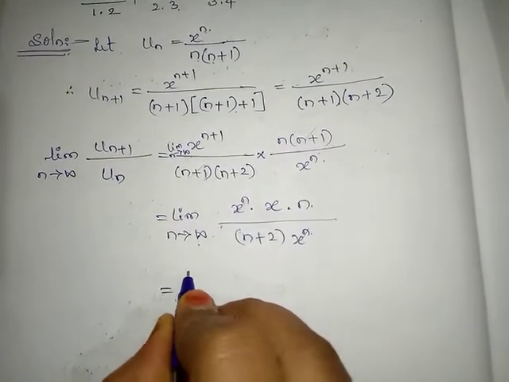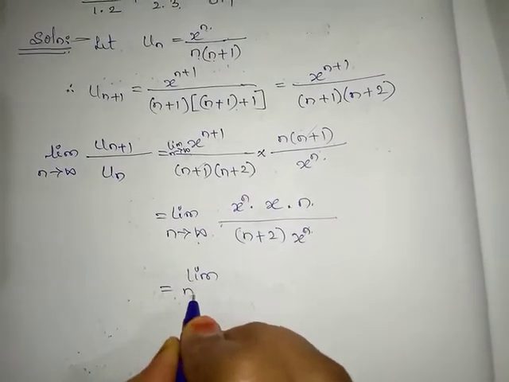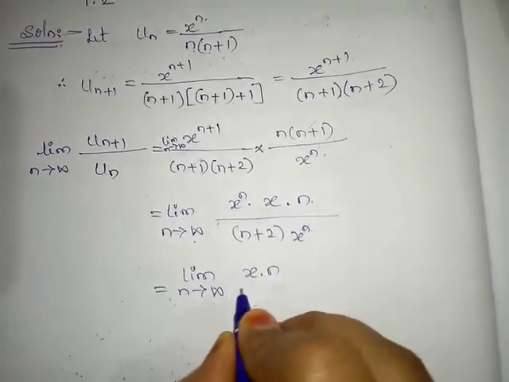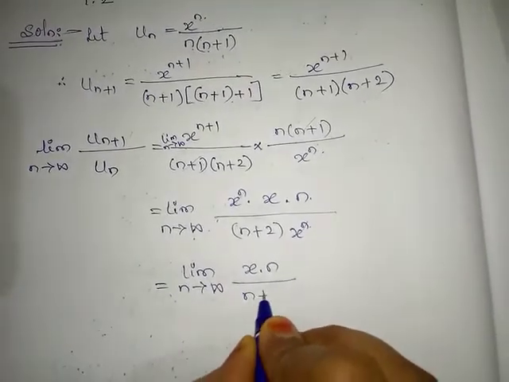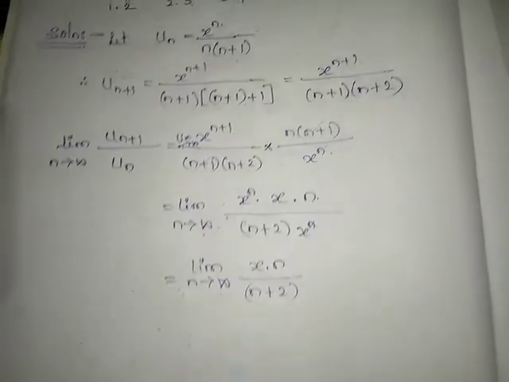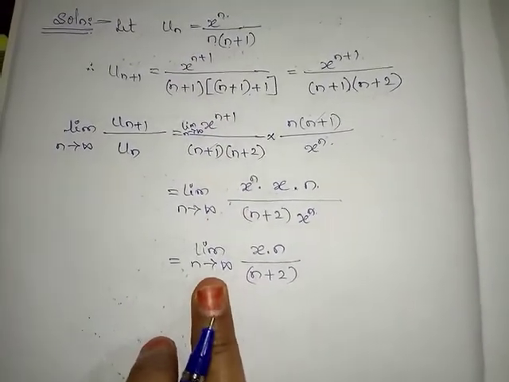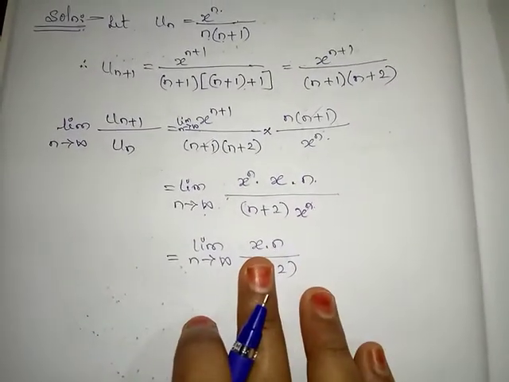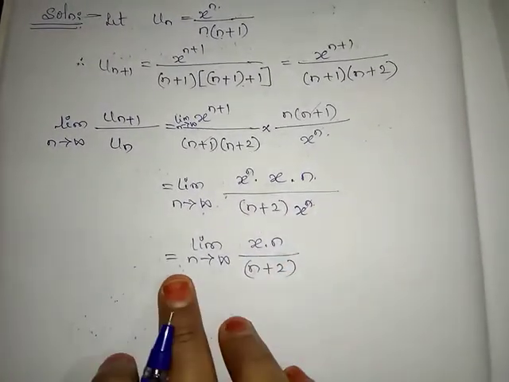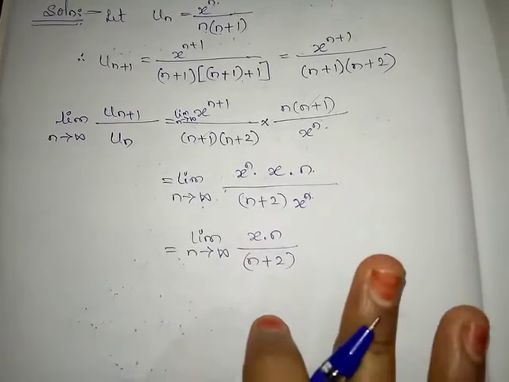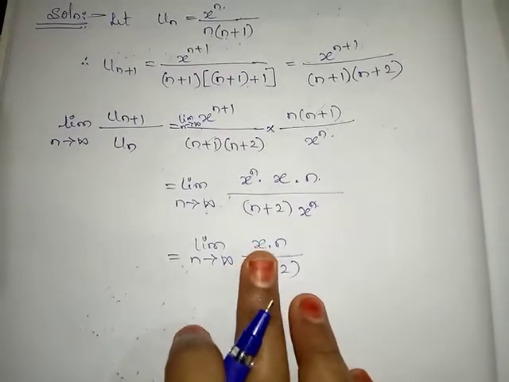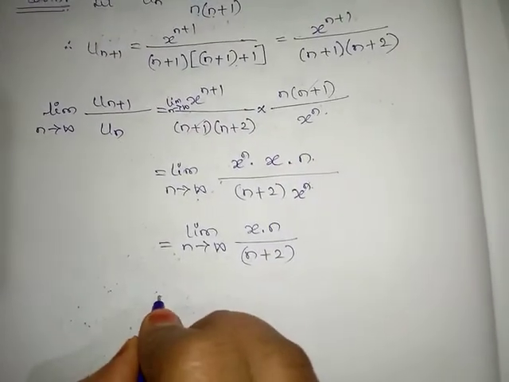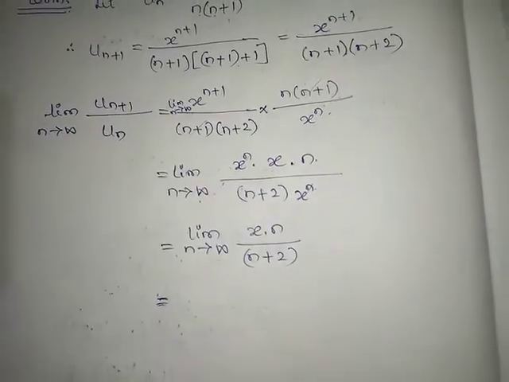We have the term limit n tends to infinity x into n divided by n plus 2. See here we are applying limit for n, not x. Therefore in this term x is considered as a constant. If you want, take this x outside the limit, otherwise keep it as it is, as you wish. Both will give the same answer.